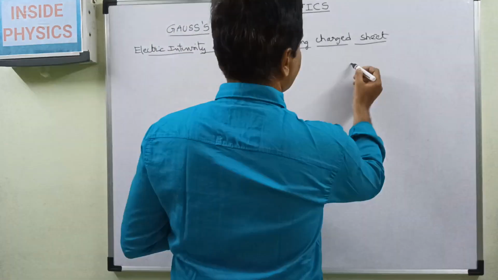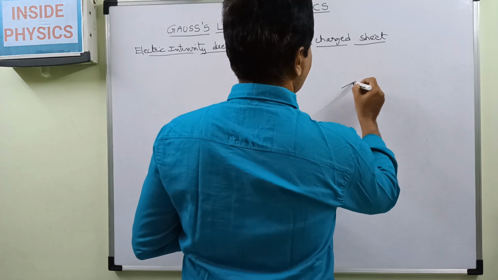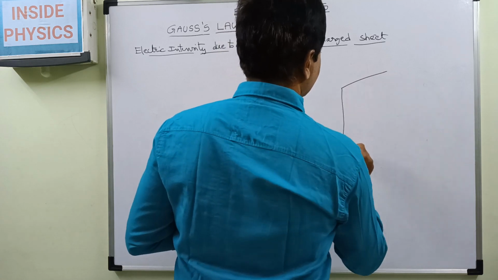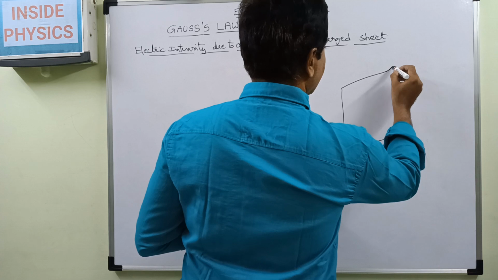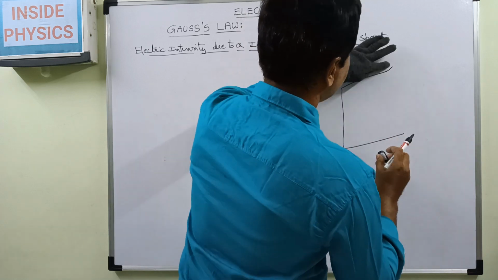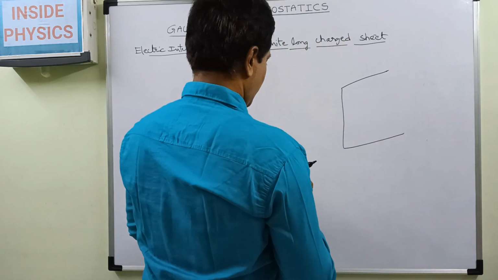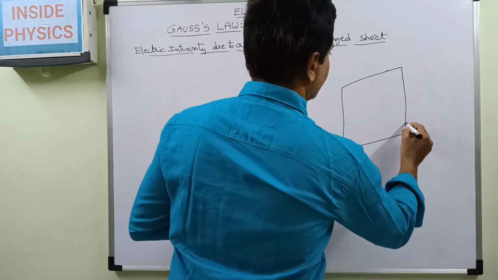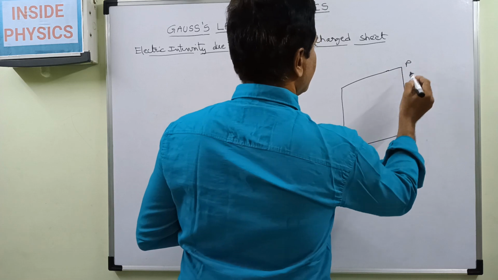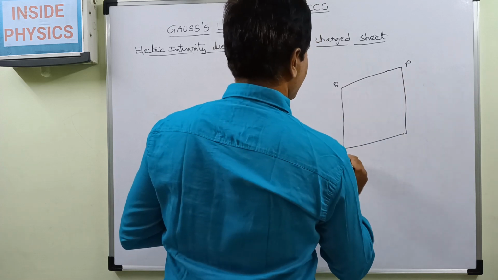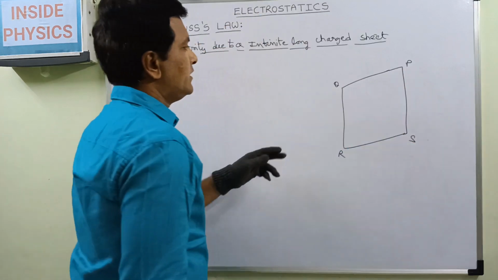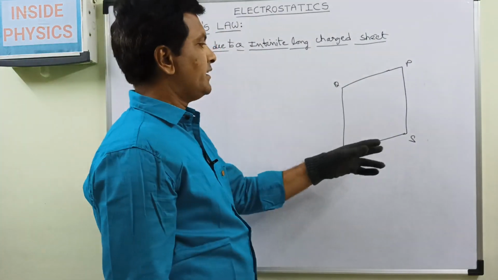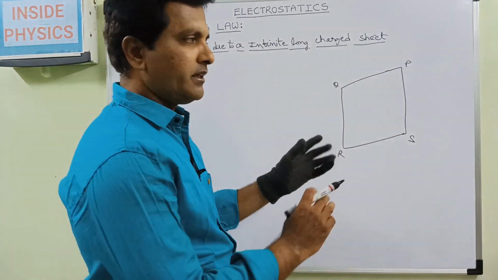Suppose we consider a long infinite sheet with some boundaries P, Q, R, S. These boundaries do not reflect any finite length.